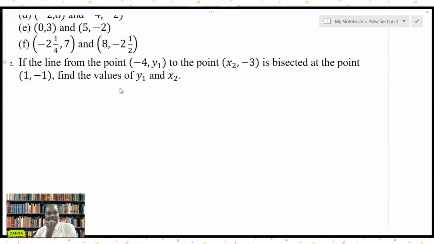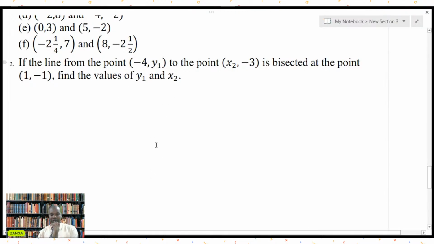So again, this kind of question, you just use the formula, and then automatically you'll be able to find the value of y1 and x2.